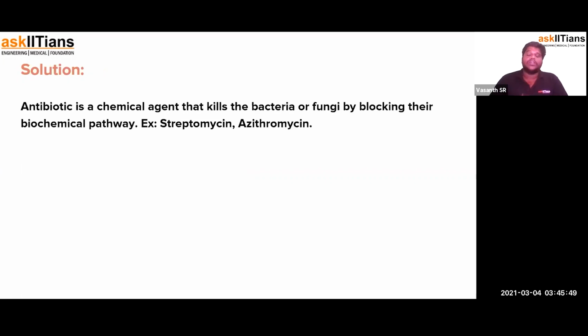Antibiotics are chemical agents which kill bacteria and block them from performing the biochemical pathways that allow them to survive and live. When those pathways are blocked, it is obvious that they will not be able to survive. Get the point? Some examples are streptomycin, azithromycin, and erythromycin. Please remember these antibiotics.